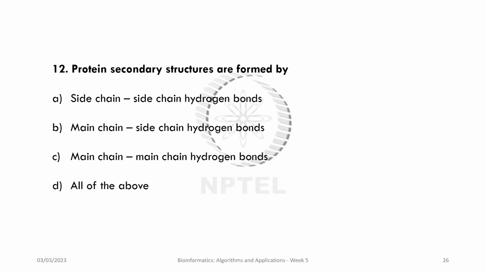Question 12. Protein secondary structures are formed by side chain hydrogen bonds, main chain hydrogen bonds, or all of the above.